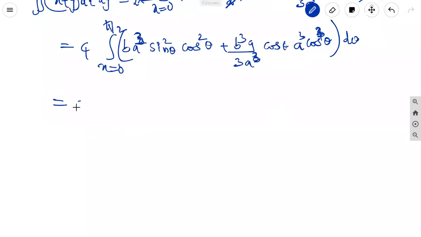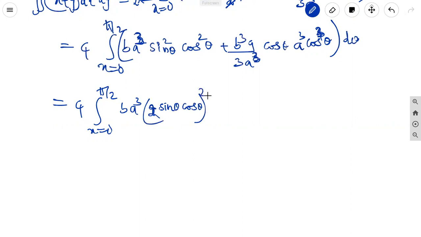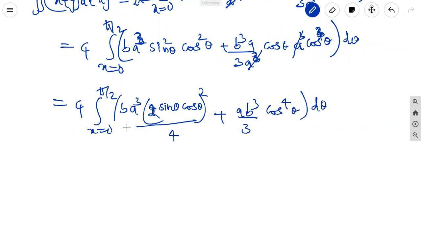It is equal to 4 integral, theta equal to 0 to pi by 2, b a cube 4 sine theta cos theta whole square, 2 square means 4, in the denominator also here 4, plus a cube cancel, a b cube by 3 cos to the power of 4 theta whole d theta.